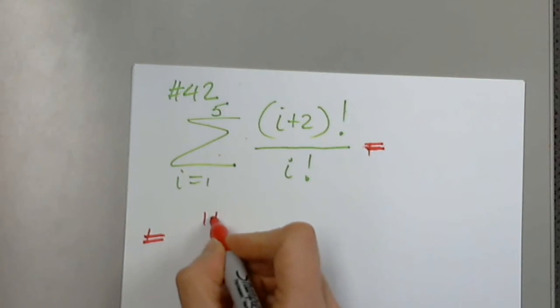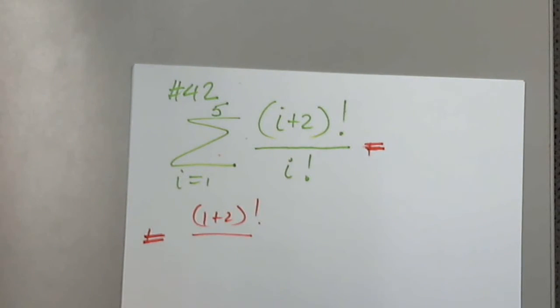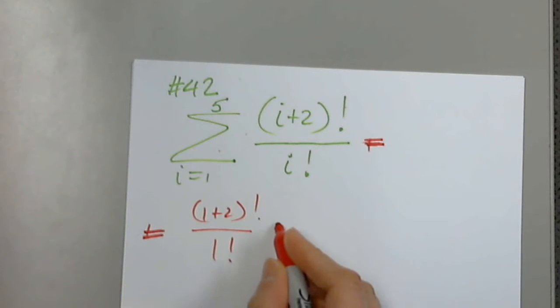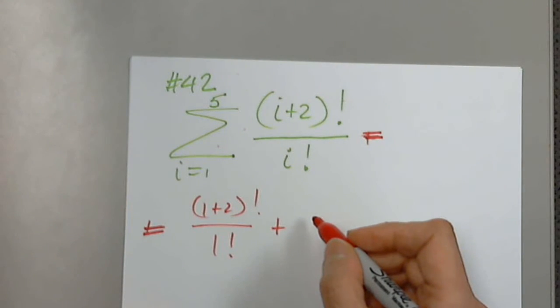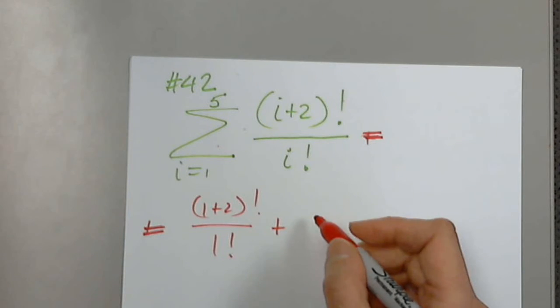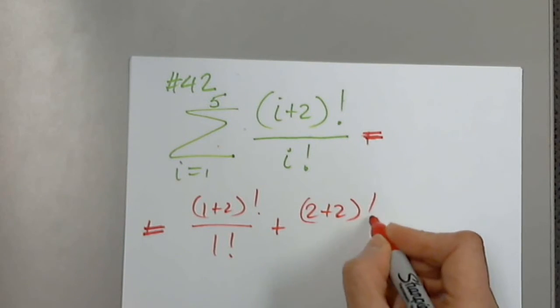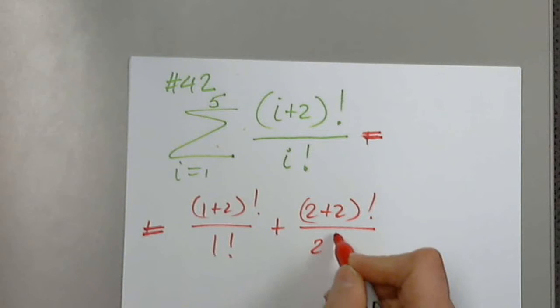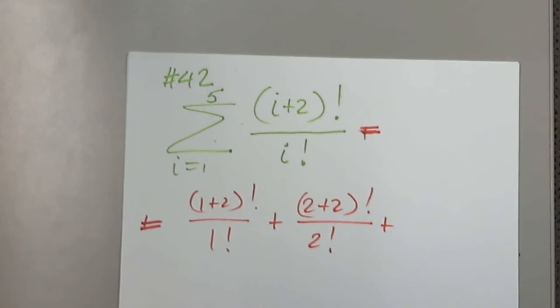1 plus 2 factorial over 1 factorial. Awesome. That was the first term. 2 plus 2 factorial over 2 factorial plus.